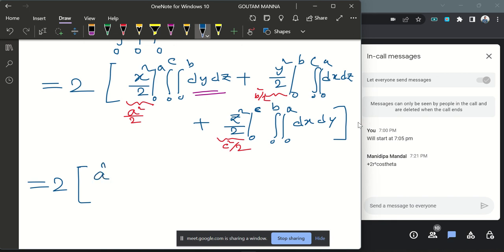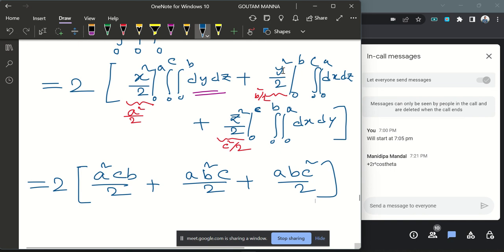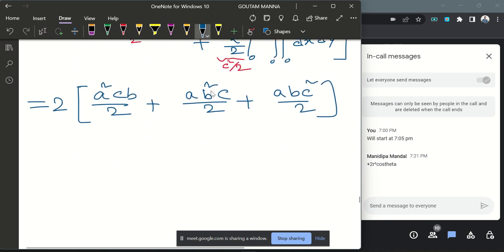So we have a square bc by 2, plus, doing the x and z integration, we get a times c, so a b square c by 2, plus the last integration gives a b c square by 2. If we take half abc common, the half and 2 cancel, and we get abc times (a plus b plus c).